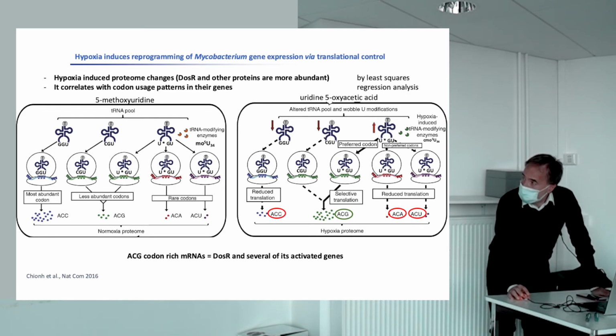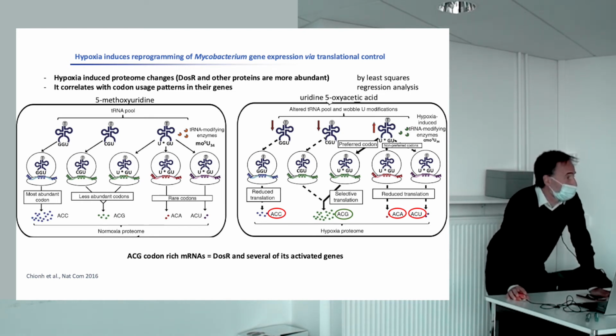The result is that all those messenger RNA, the majority that were containing ACC codon, are not translated anymore because the GGU tRNA, the only one that can decode this ACC codon, is not there anymore. And the other ones, before they were translated equally with the modification 5-methoxyuridine, but now with a different modification, the ACA and ACU codons are much less well translated.